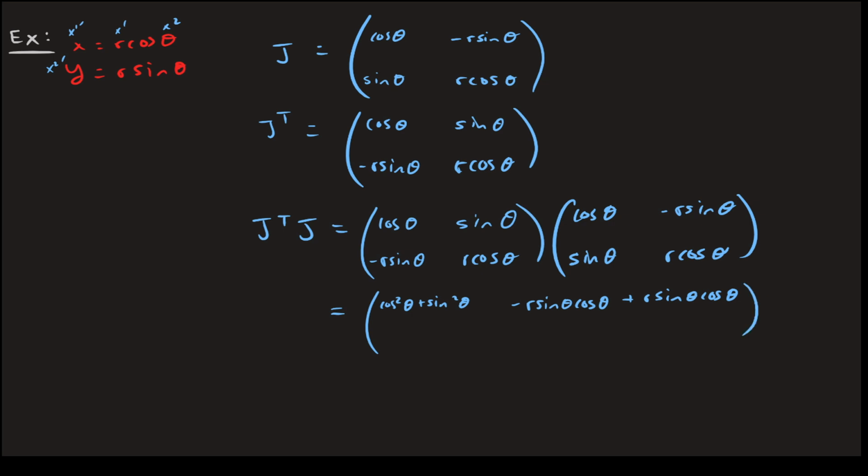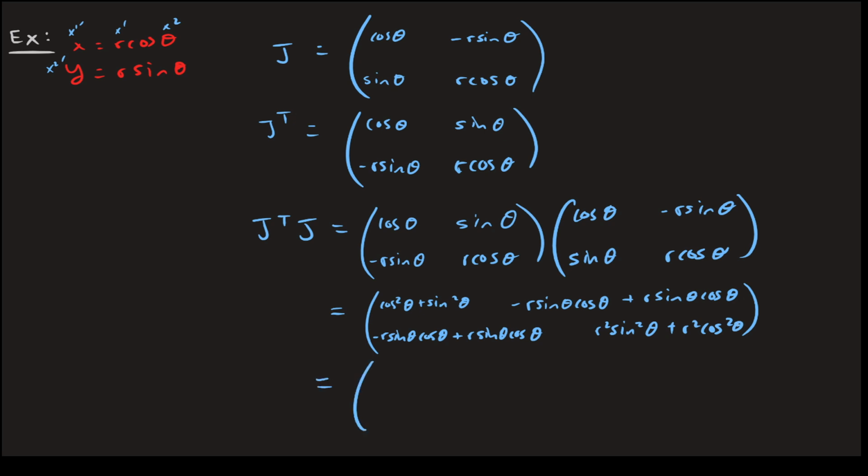Down here we get negative r sine theta cosine theta plus r sine theta cosine theta, and here we get r squared sine squared plus r squared cosine squared.